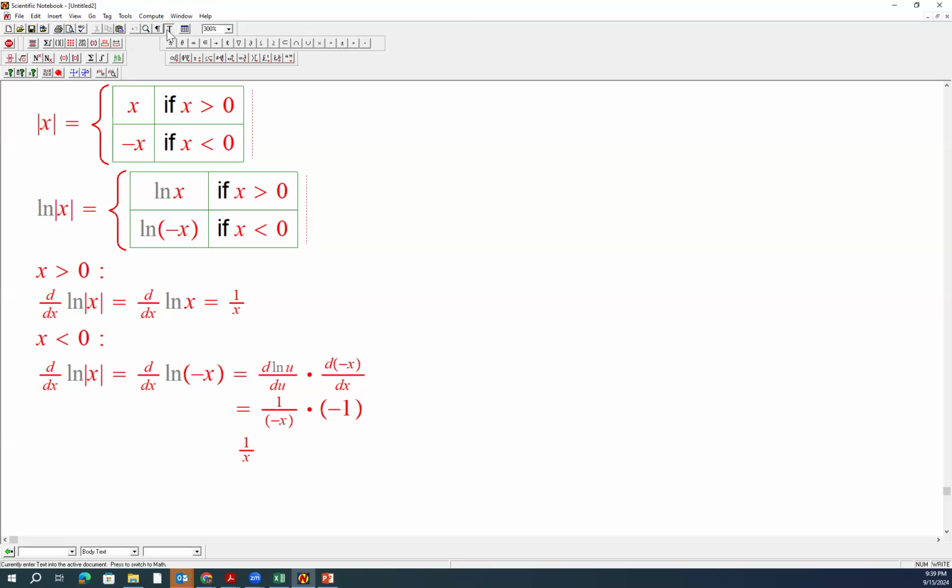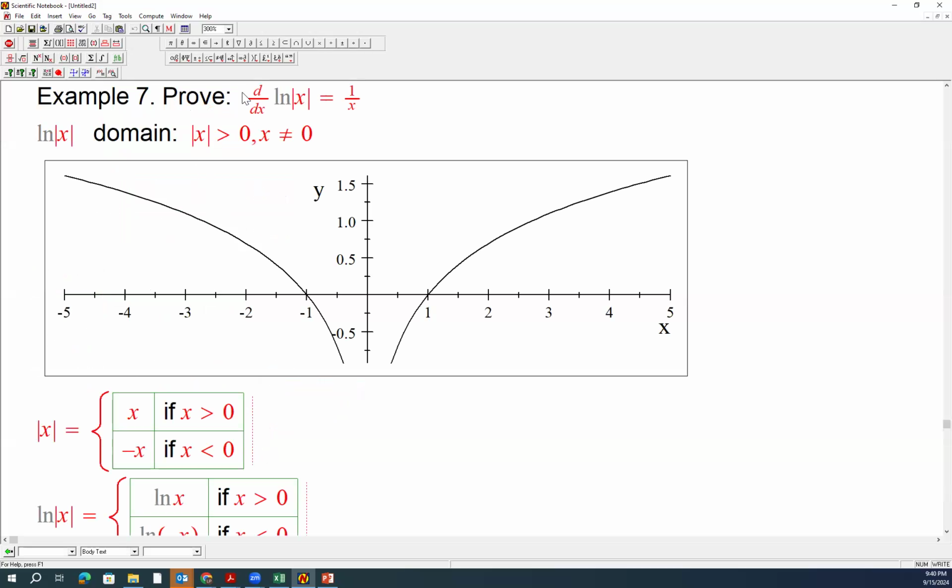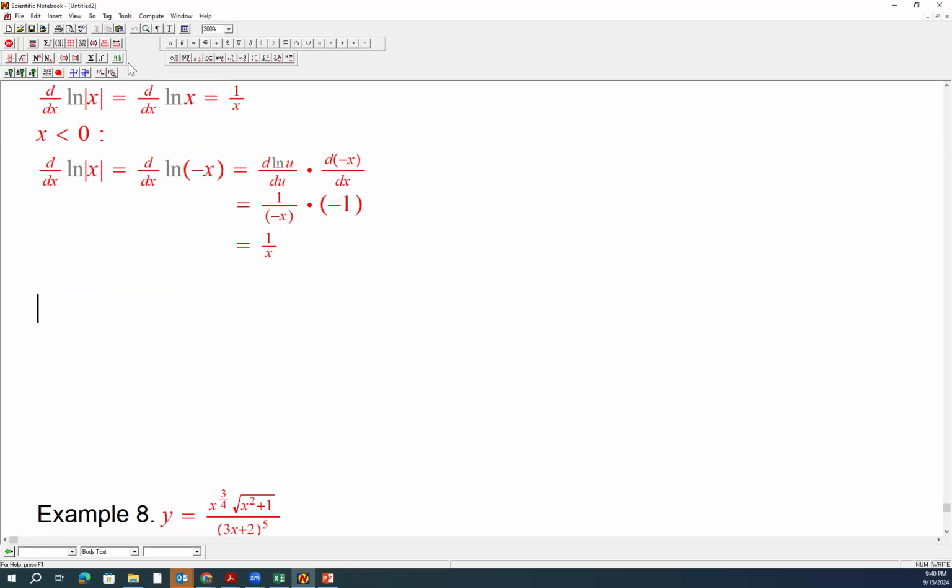So in either case, for x greater than 0, the derivative of ln absolute value of x is 1 over x. For x negative, the derivative of ln absolute value of x is also 1 over x. And that's why we have this formula.